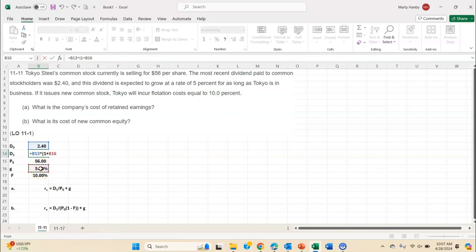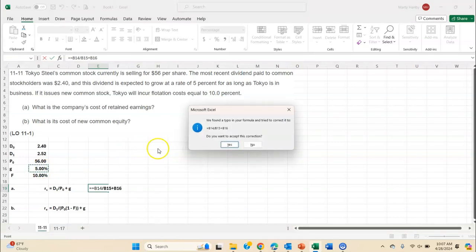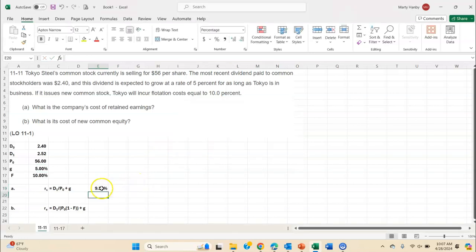So 2.40 times 1.05, or 1 plus 0.05, is $2.52. Then down here, R sub S equals D1, 2.52, divided by P0, 56, plus the growth rate, 5%. Oh, I had two equal signs in there. Sorry. All right, so 9.5% is the cost of retained earnings.